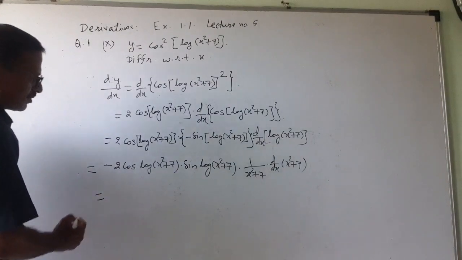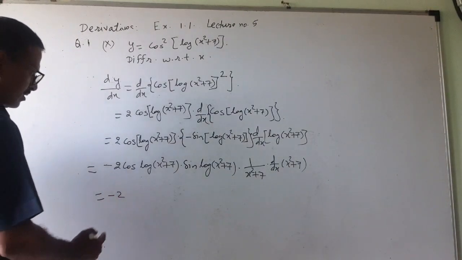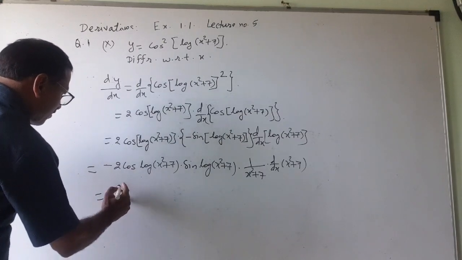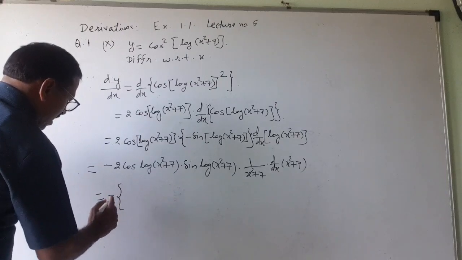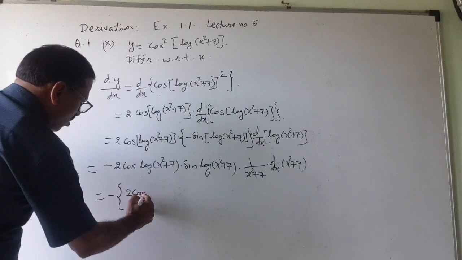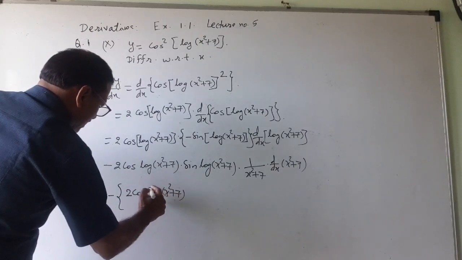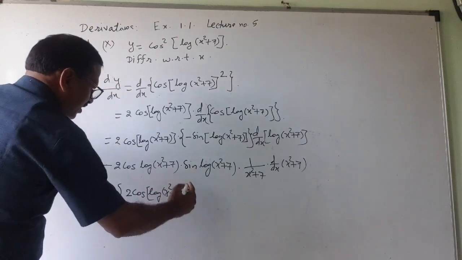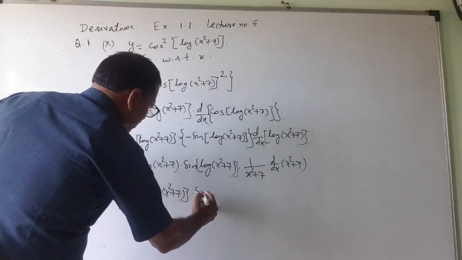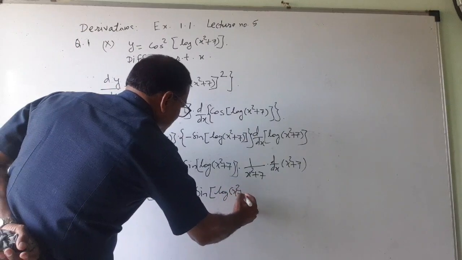So that is equal to minus 2, I will put some bracket to this, minus is taken out for these two, cos of log of x square plus 7, the angle you note down, into sine of, here also I will put the bracket, sine of log of x square plus 7.